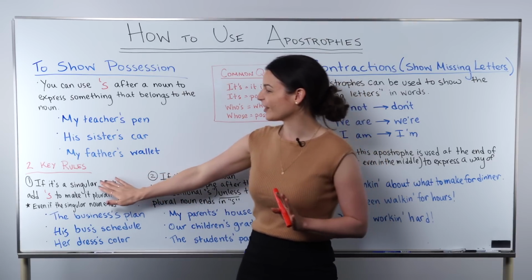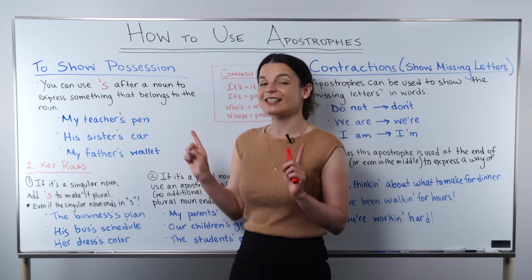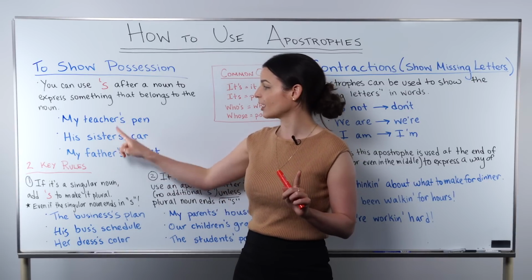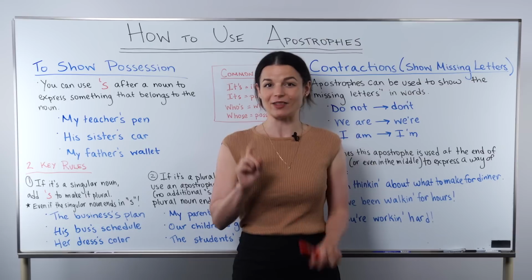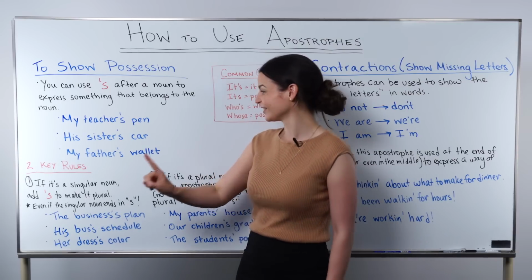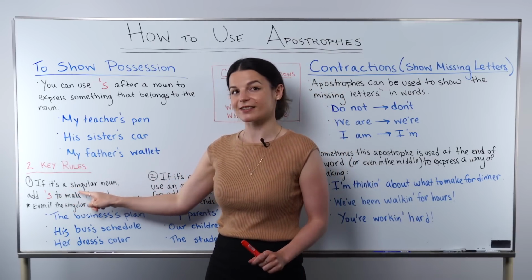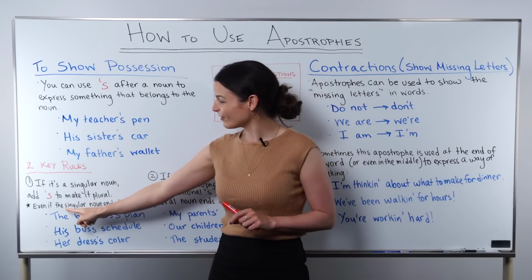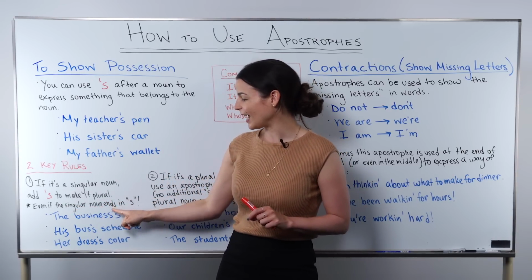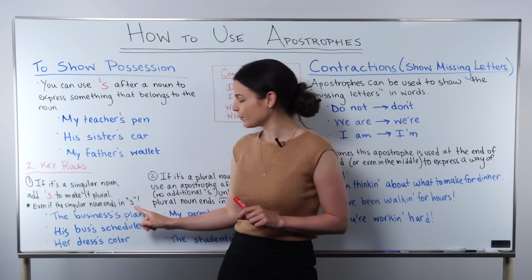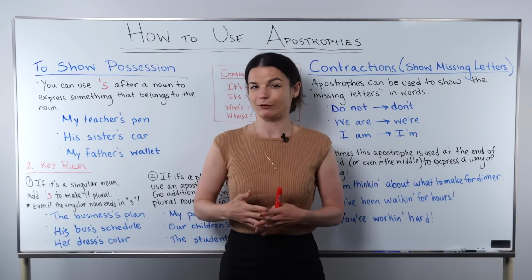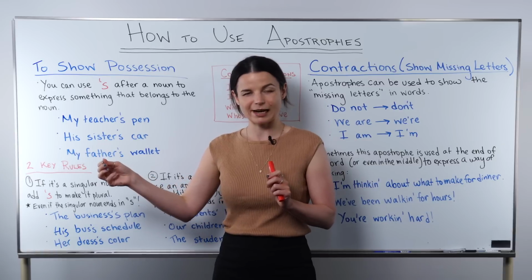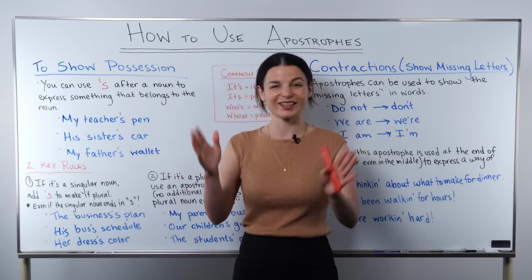Okay, first, number one, if it's a singular noun, so this means if you want to show the possession of something that is a singular noun, that means just one thing or just one person, add apostrophe S. This is true even if the singular noun ends in S. So this part right here is sometimes confusing even for native speakers. You learn sometimes I shouldn't put another S after the noun. When should I do that? I don't know. So this is the rule.